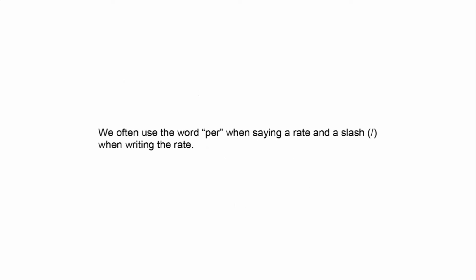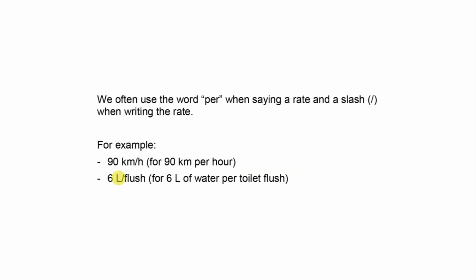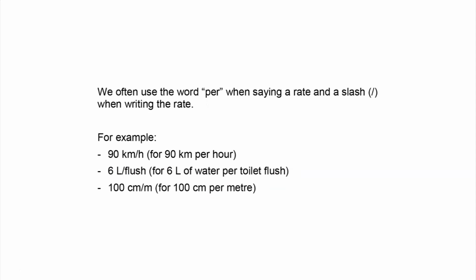We would often use the word per when saying a rate and a slash when writing the rate. For example, 90 kilometers with a slash and an H means 90 kilometers per hour. 6L slash flush means 6 liters per flush. 100 centimeters slash meters means 100 centimeters per meter.